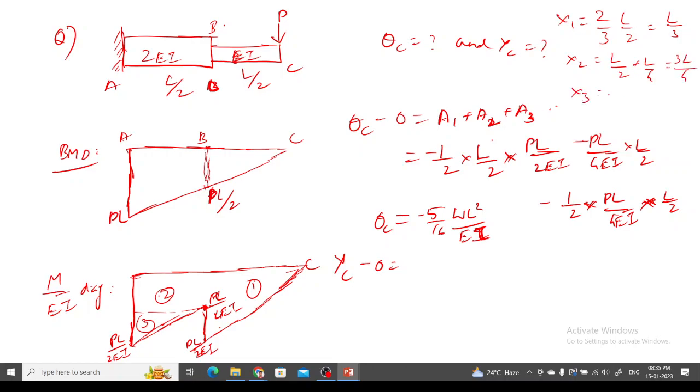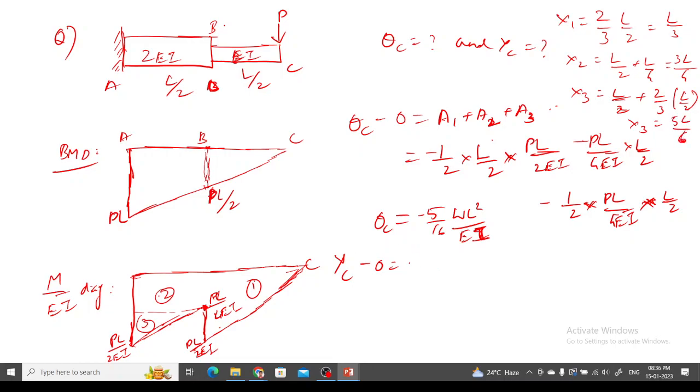And X3 should be L by 2 plus 2 by 3 times L by 2, which is L by 3 plus L by 2, so it will be 5L by 6.